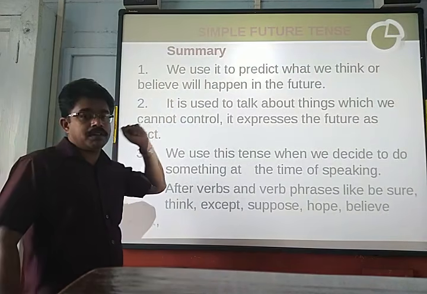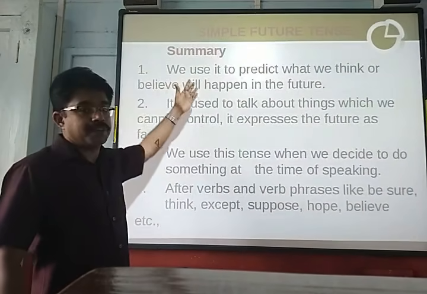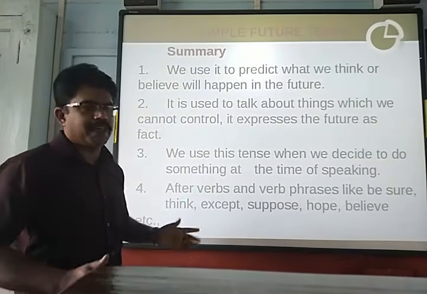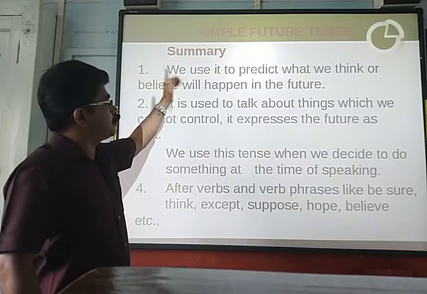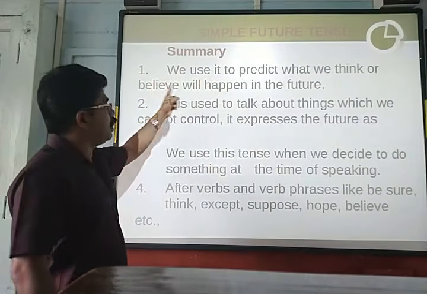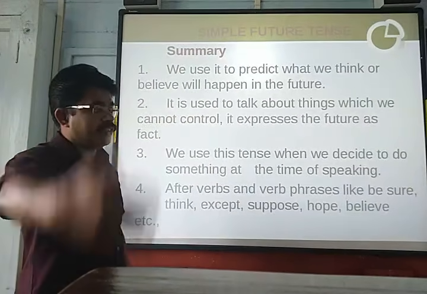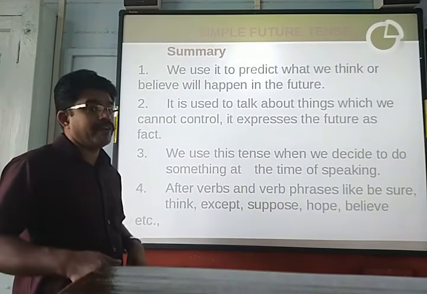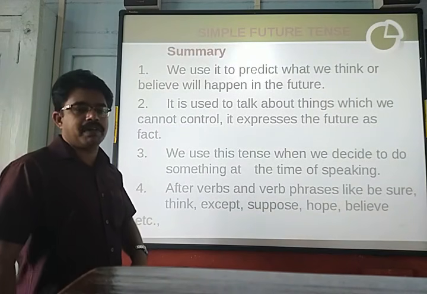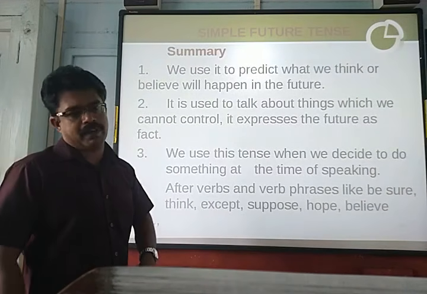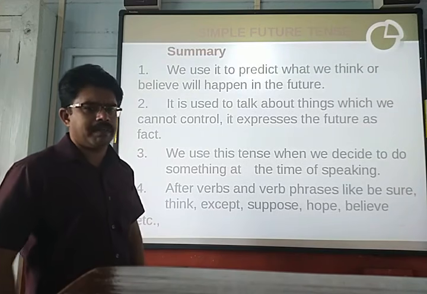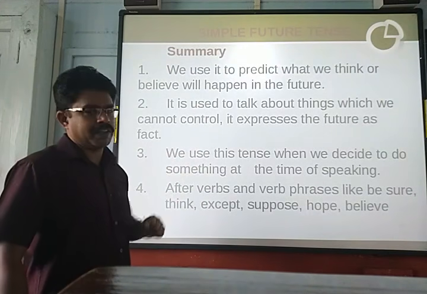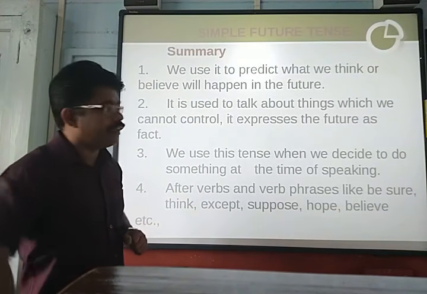So what are the usages of future tense? Let's summarize all what we say. We use it to predict what we think or believe will happen in the future. What we think or believe, we have to predict certain things to happen. I think India will win the cricket match. Predicting what will happen in the future.